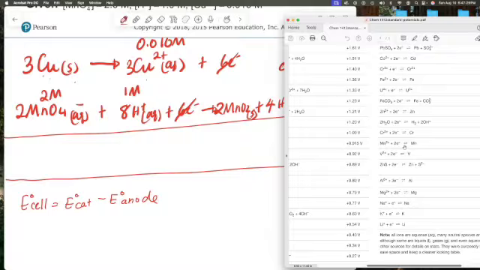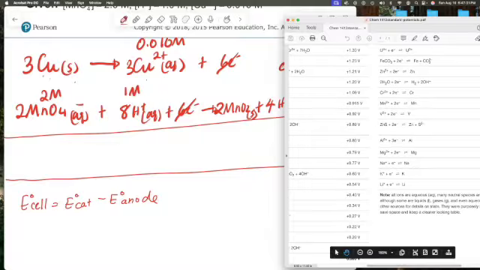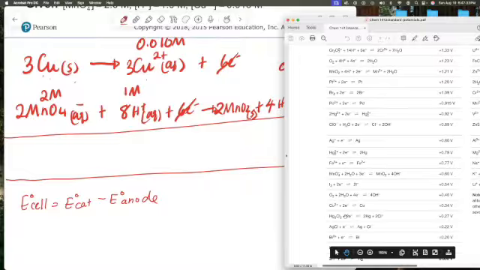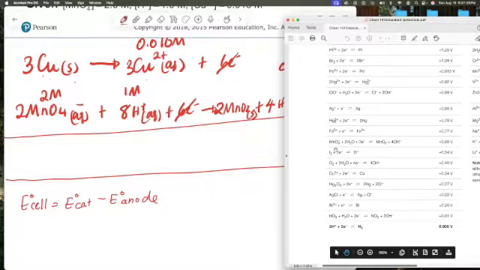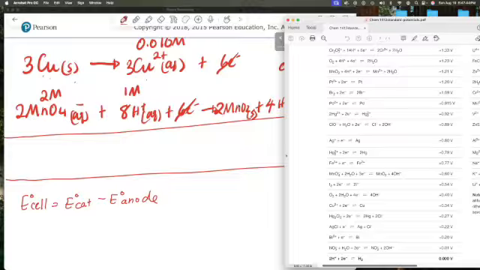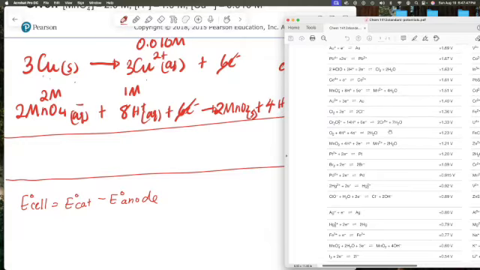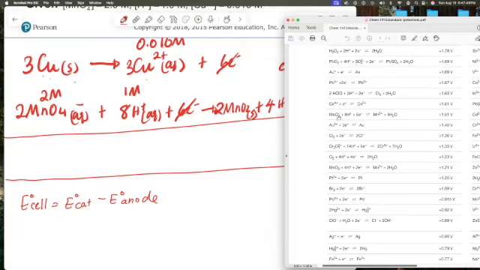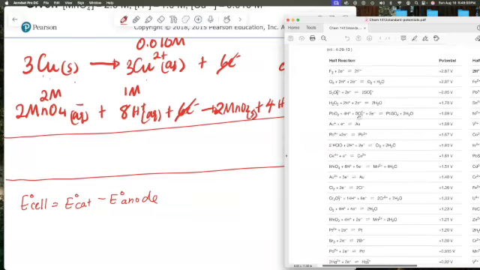I see Mn here, not MnO4. The manganate I see here produces OH, not water, so we cannot have it here. This is not going to work. Let's see what we have here. MnO4 8H plus. That's not it either, because of the product. Man, they almost got me. Not really. That's not it.